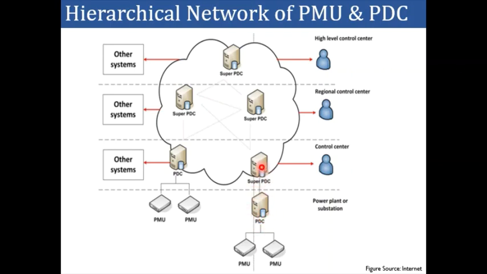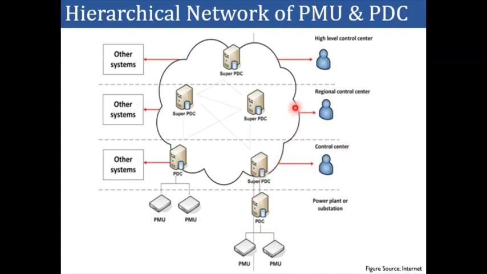After the PDC, we might have a super PDC also, which can take data from multiple PDCs and again time align and filter the data for further processing. We can assume that this PDC may be residing in one substation, and the super PDC may be at the sub LDC control center.